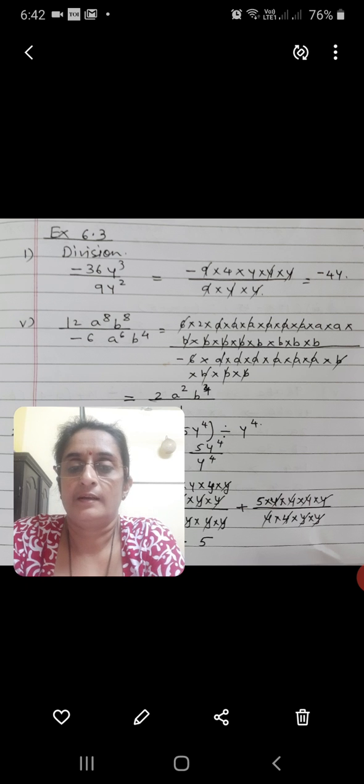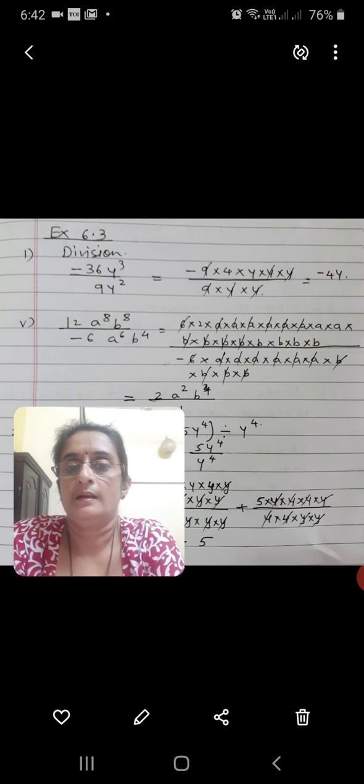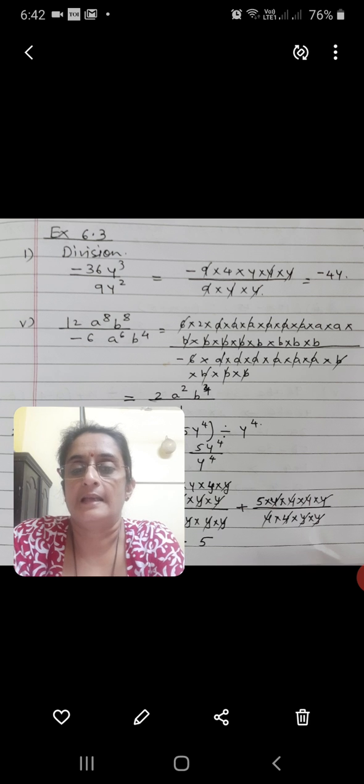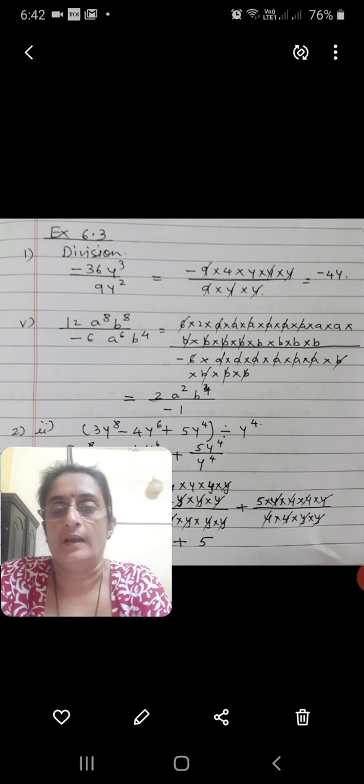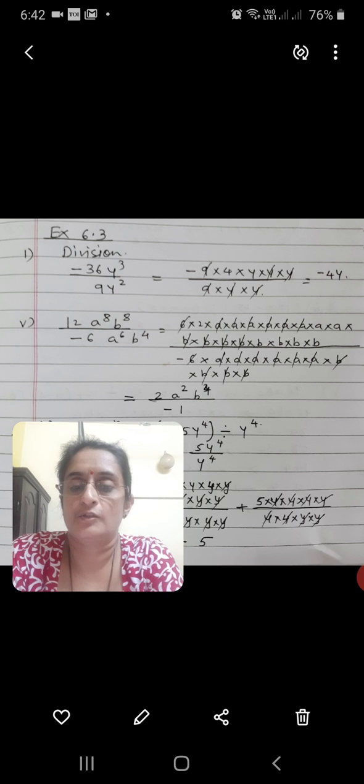Whatever remains in the numerator we write it. So 2 remains, 2 a's are there, so that is a square, 4 b's are remaining, so b is raised to 4, and down minus sign is there, so that is minus 1. So the answer is 2 a square b raised to 4 by minus 1.